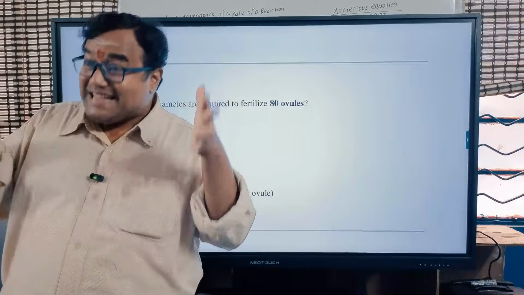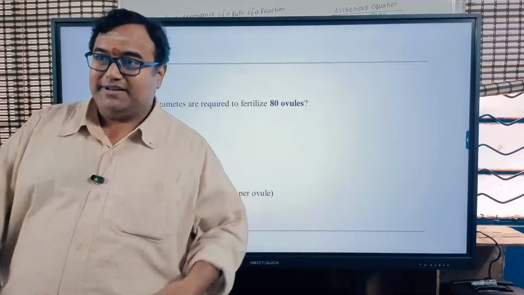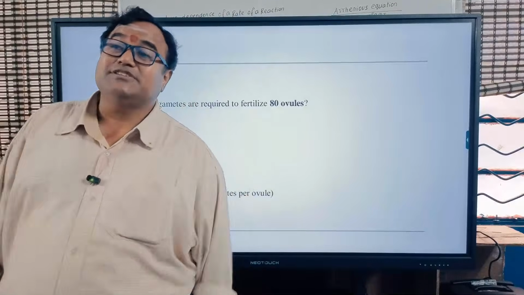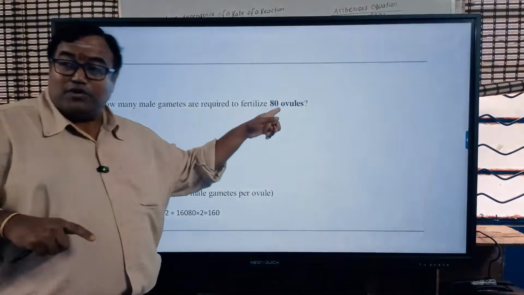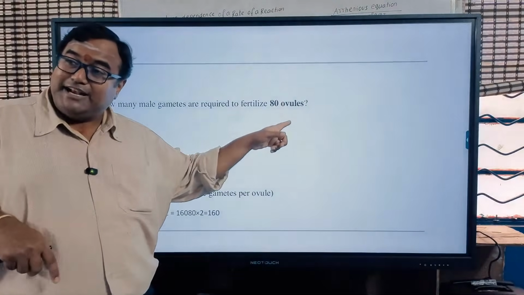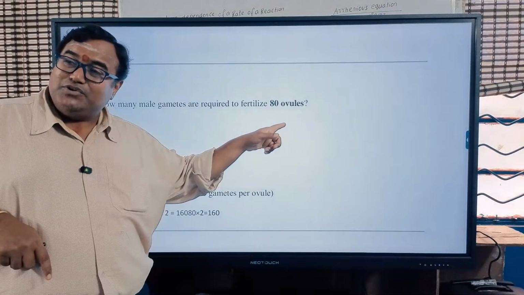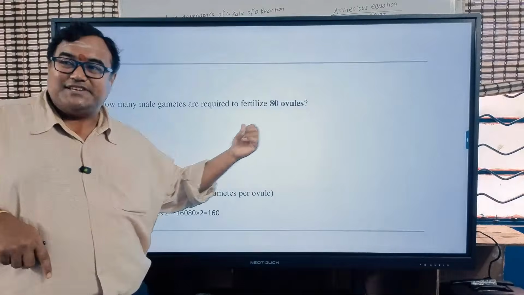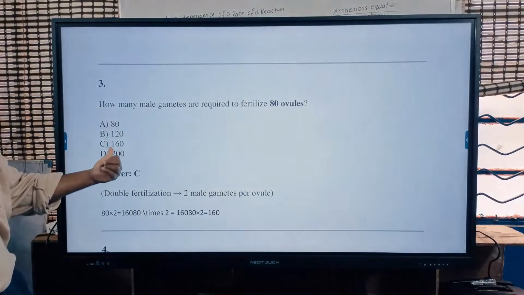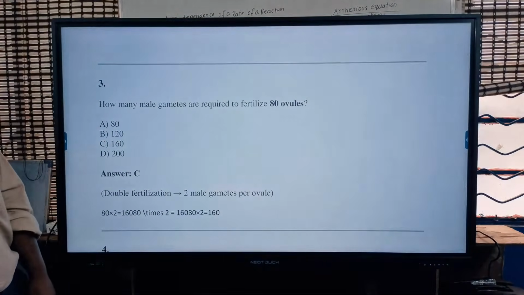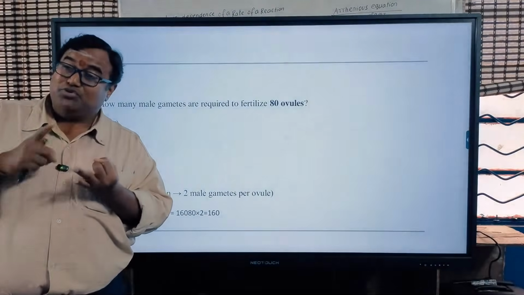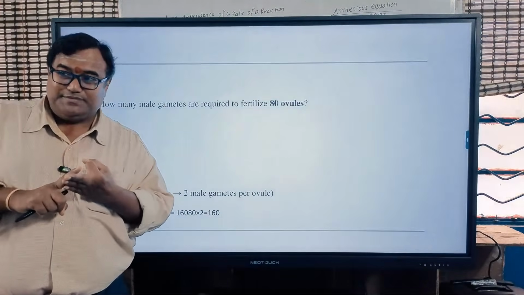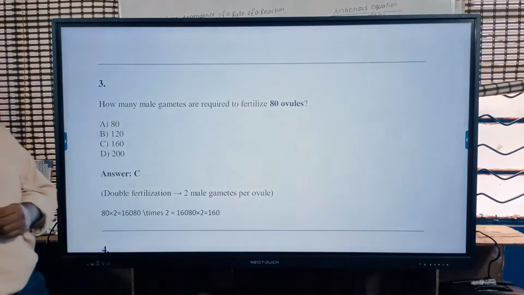Keeping these concepts in mind, in one ovule we need two male gametes. For 80 ovules, 80 into 2, 160. I need 160 male gametes. For solving this question, you need to know double fertilization and triple fusion in the ovule. So now we have solved three questions.